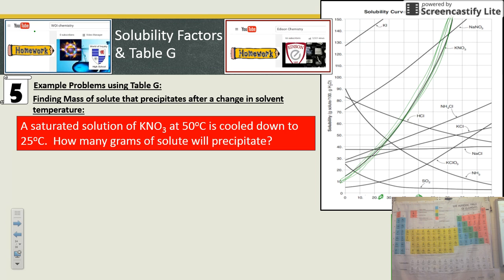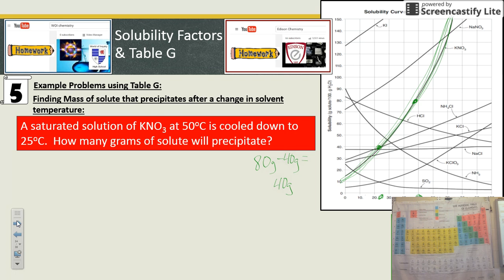We're saturated at 50, so we're right on the line. Looks to be about 80 grams of material dissolved in there. Then we drop it down to 25, and we're about there, about 40 grams of material. So if you do the subtraction, you'll see that 40 grams of material, potassium nitrate, would precipitate to the bottom of our test tube or beaker.